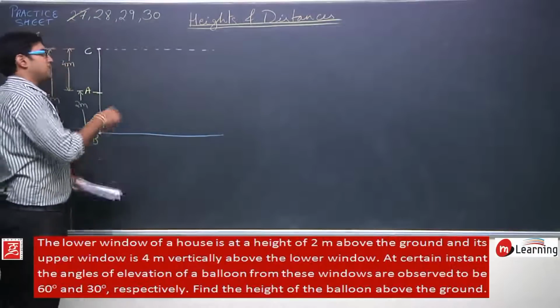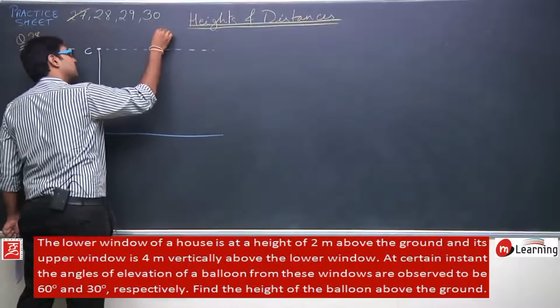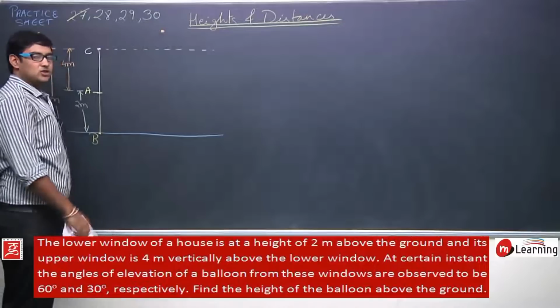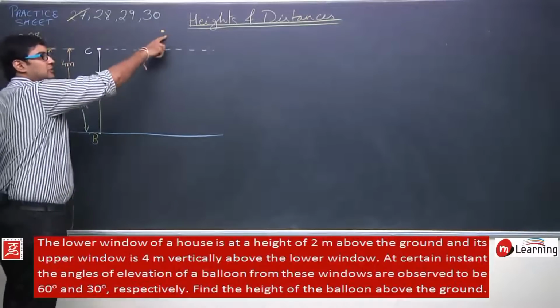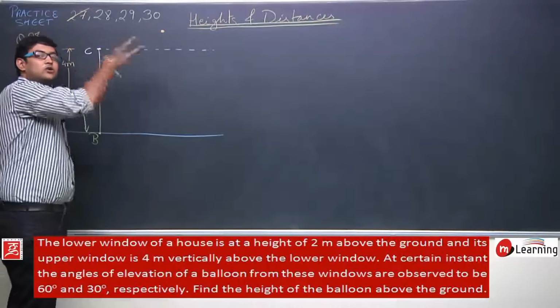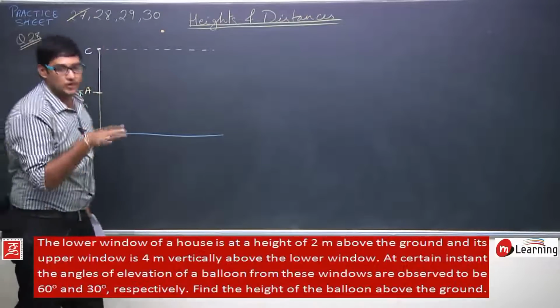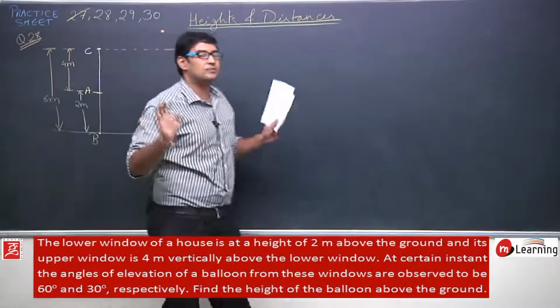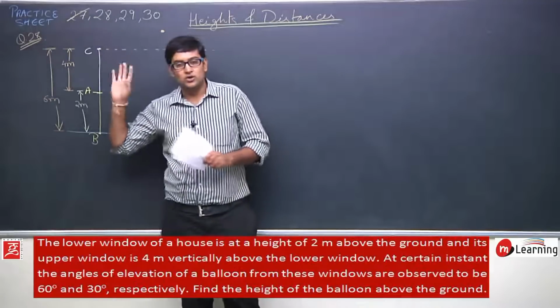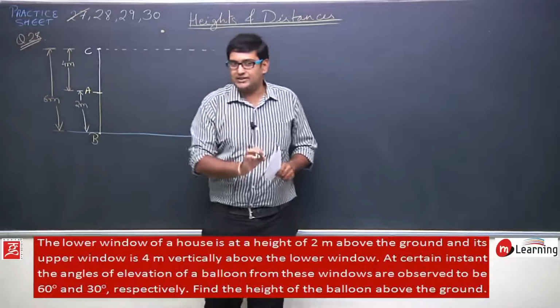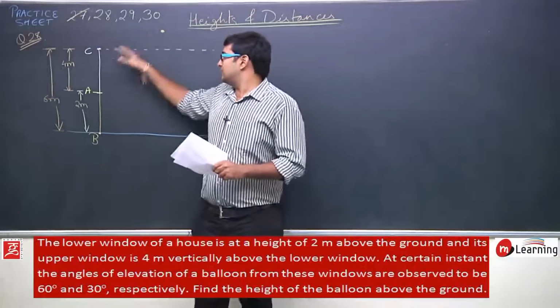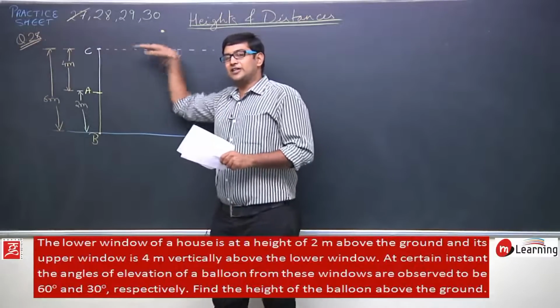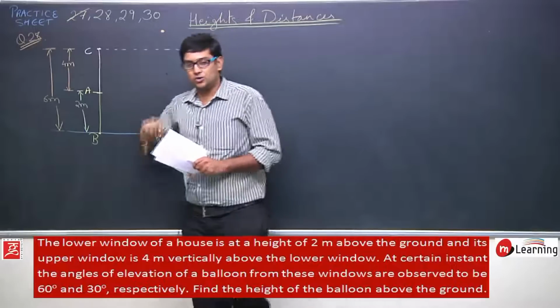So definitely the balloon is somewhere here. Why is it so? Because to observe this balloon from the C window also I need to move my head upwards, not downwards. It does not say angle of depression from this upper window. It clearly says angle of elevation. It means the balloon is above the level of this upper window.